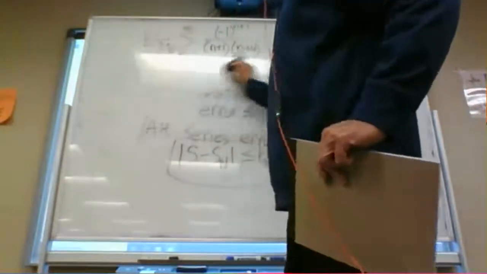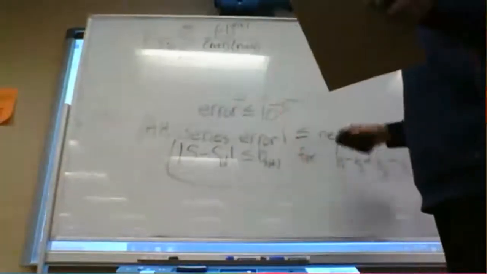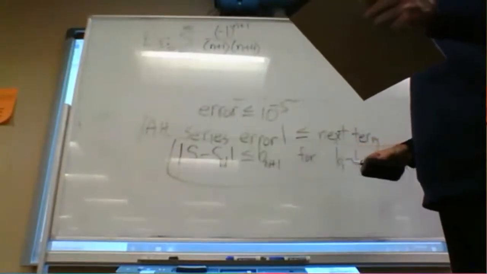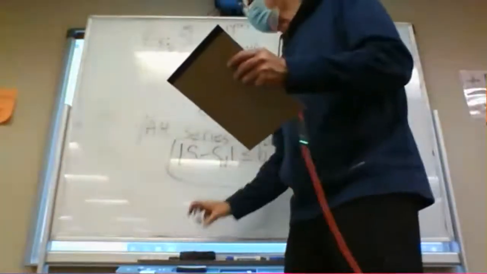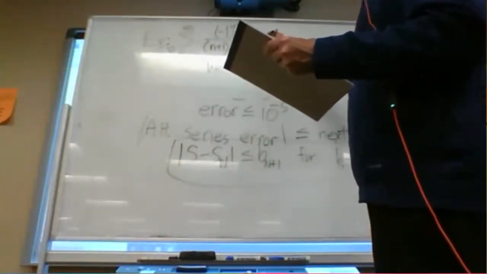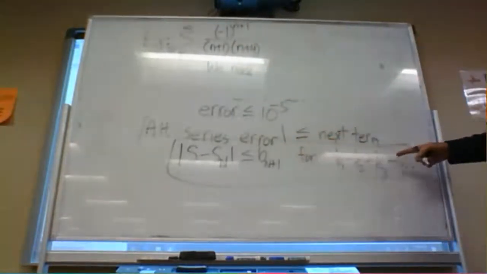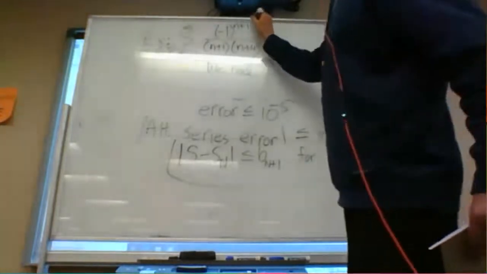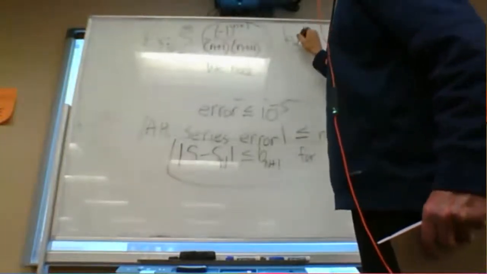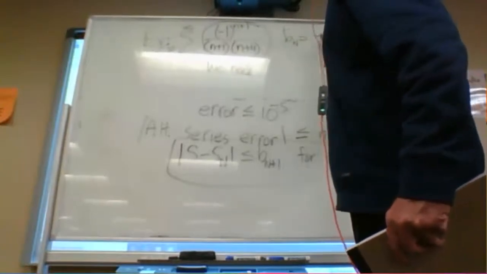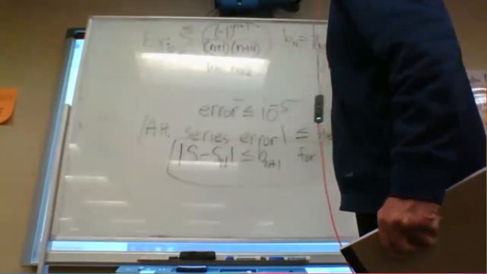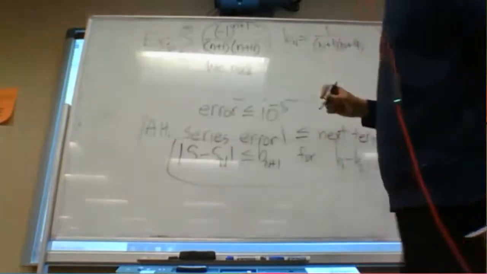So let's try it for this series. Remember Bn is actually the absolute value of the nth term, and so the absolute value here is 1 over (n plus 1)(n plus 4).